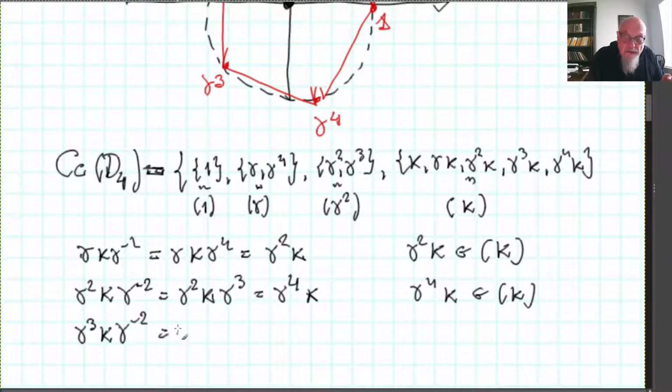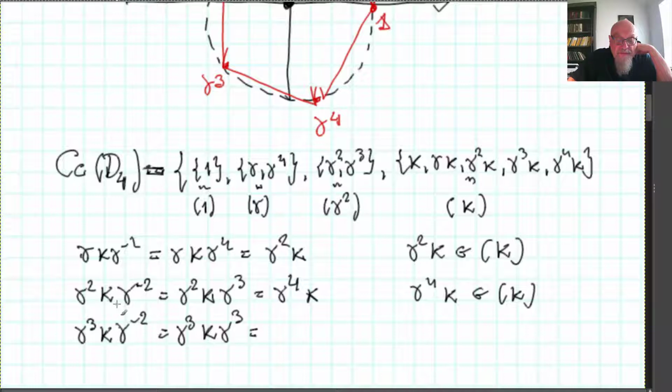Gamma cube, kappa, gamma 3, so we are getting gamma 5, minus 1, gamma 4, and this is gamma squared.